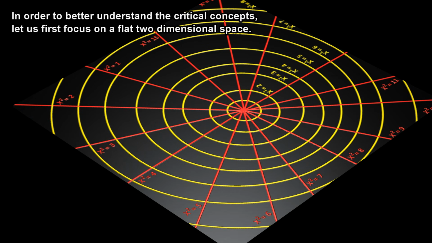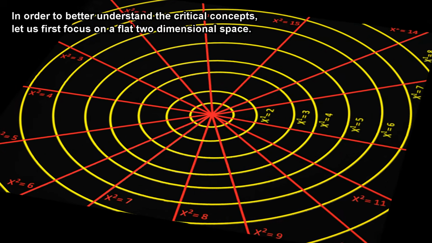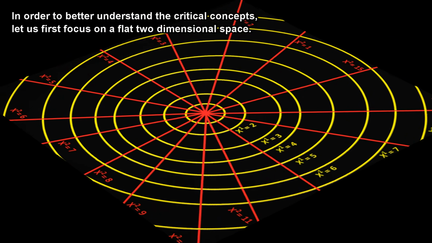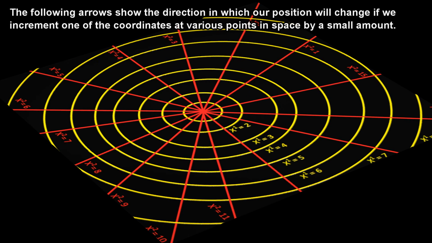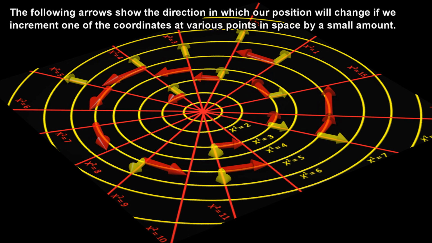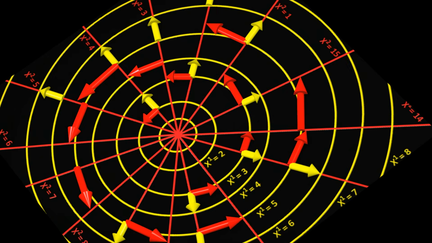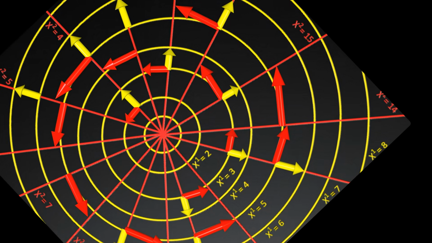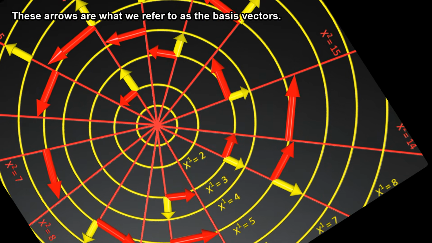In order to better understand the critical concepts, let us first focus on a flat two-dimensional space. The following arrows show the direction in which our position will change if we increment one of the coordinates at various points in space by a small amount. These arrows are what we refer to as the basis vectors.